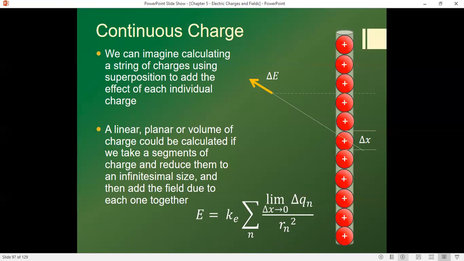Because again, if we think about the superposition principle, we're just adding together a number of individual charges. In this particular case, we've broken it up into an infinite number of pieces, so each piece is infinitesimal in size.